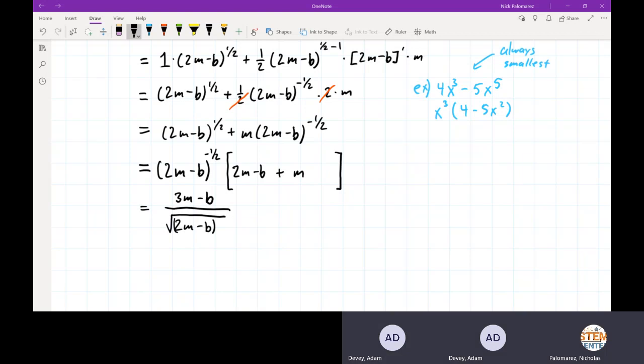Basically what we did here, you could think of it another way in that we're making a common denominator. That's really what we did here. We can think of it as two fractions, and we make a common denominator by factoring out that negative 1/2. Yeah, it's pretty interesting stuff.